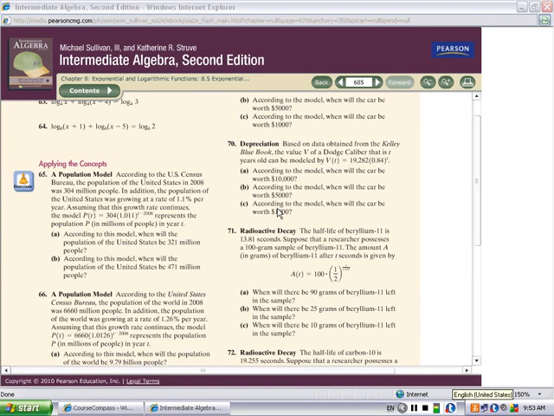So let me tell you how they develop this kind of model. We know the population is growing exponentially. So the population at time t equals, if I want to say this is 2008, in 2008 we have 304 million people.